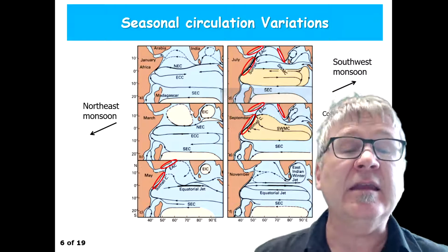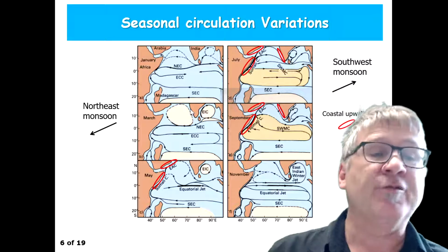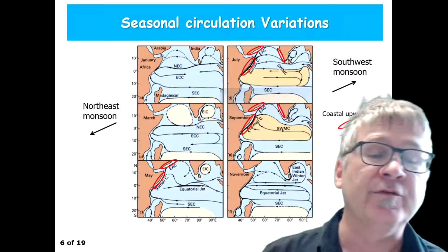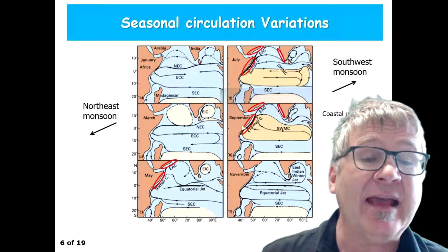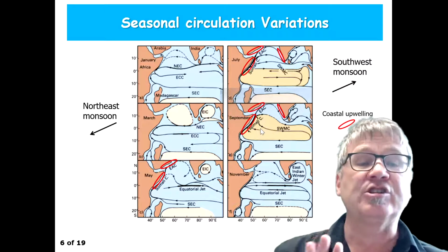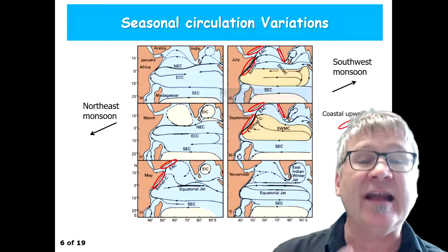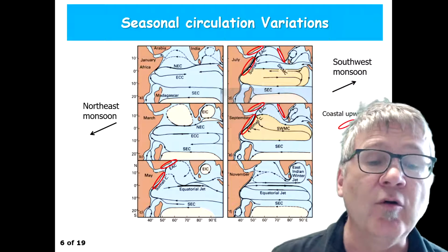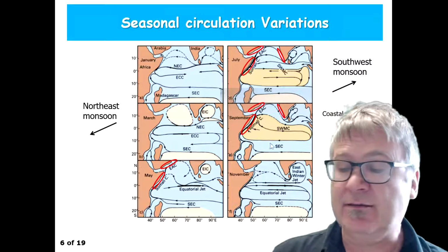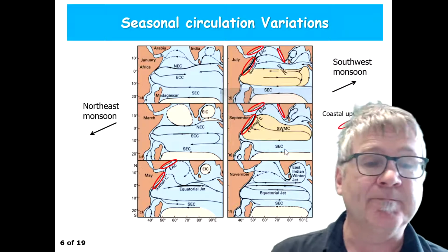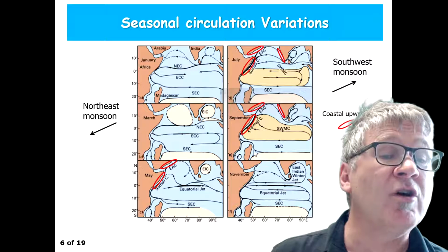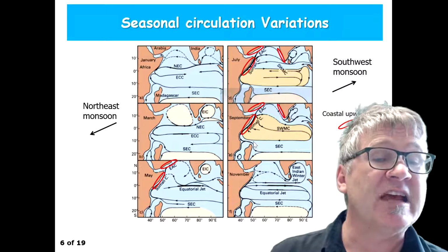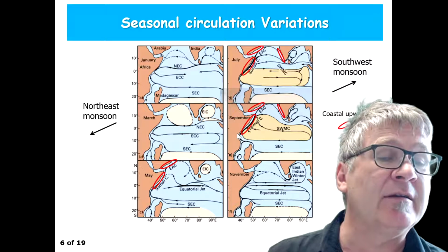Okay, and then in the other extreme of having the southwest monsoon with the dramatic change of the wind direction, actually creates a large gyre, which actually is centered over the equator. Okay, you can see here on the September image, and it has a strong boundary current which actually runs across the equator.